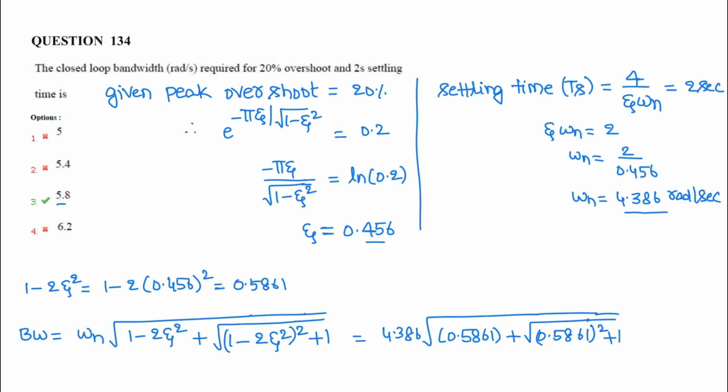On calculation, its value is 5.798, approximately equal to 5.8 hertz. Bandwidth is 5.8 hertz. Correct answer is option 3.